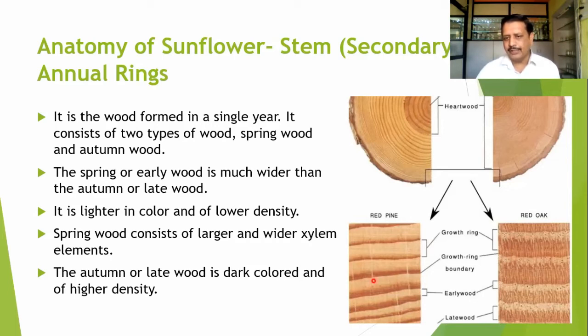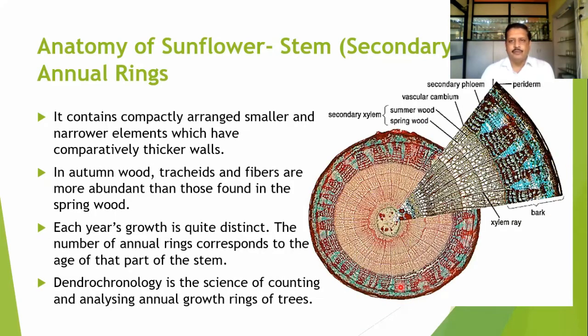The spring wood is lighter in color, and the later wood, त्याला आपण म्हणतो autumn wood, is darker in color, and has more density of xylem fibers. Normally these rings are compactly arranged, and the narrower elements have compactly developed, thicker walls.